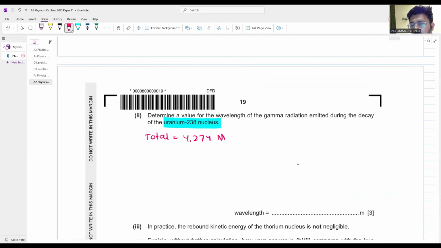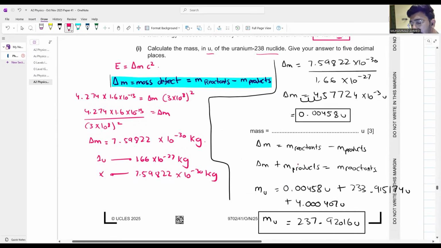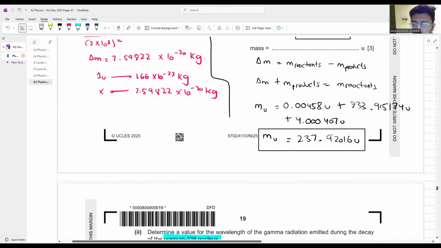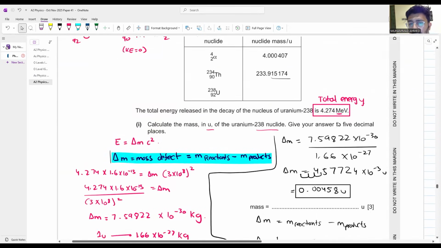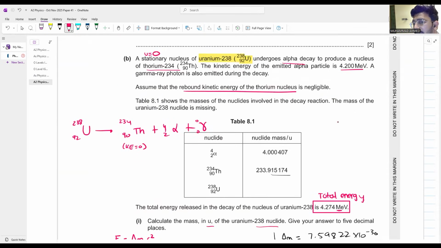4.274 mega electron volt. The total energy that is being released is 4.274 mega electron volt. Out of this, the kinetic energy of alpha particle is what? Kinetic energy of alpha particle is 4.2 mega electron volts.